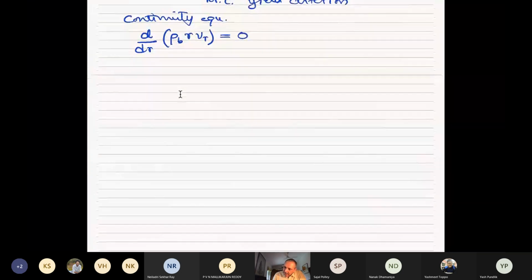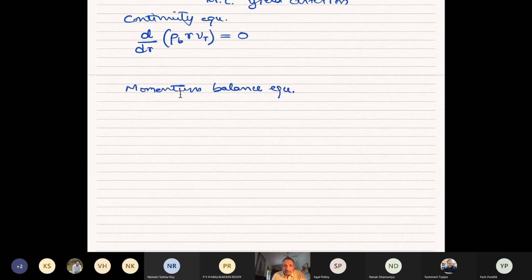And then if we write down the momentum balance equation, then we'll get rho b v r d v r by dr is equal to d sigma rr divided by dr minus sigma rr minus sigma theta, plus, minus rho b into g.